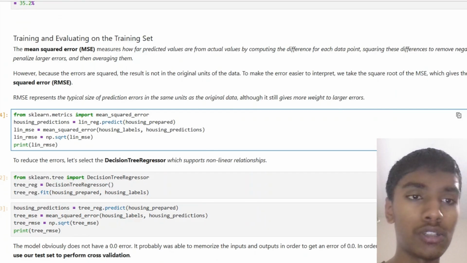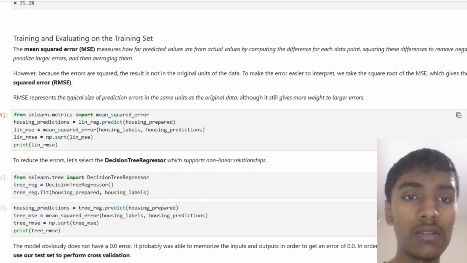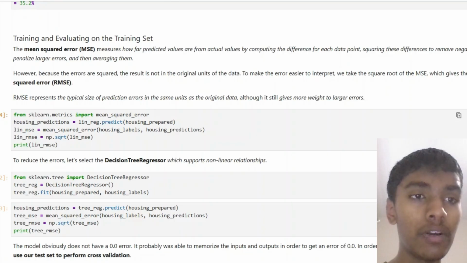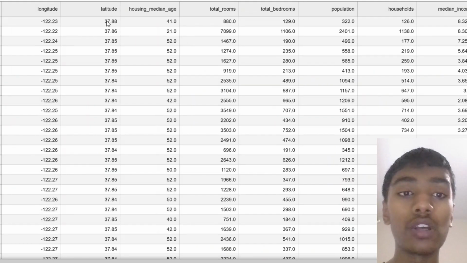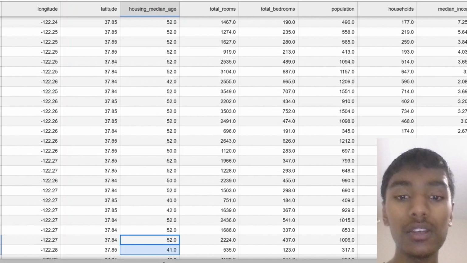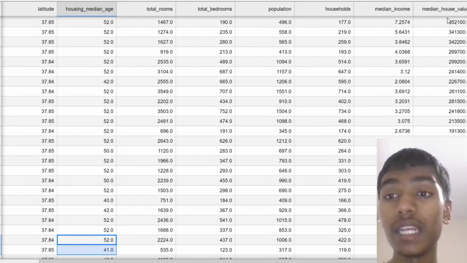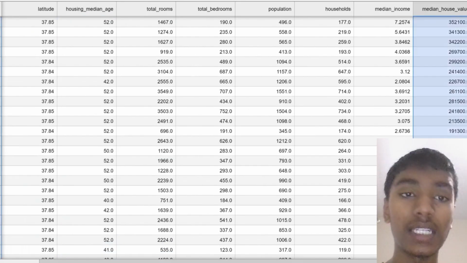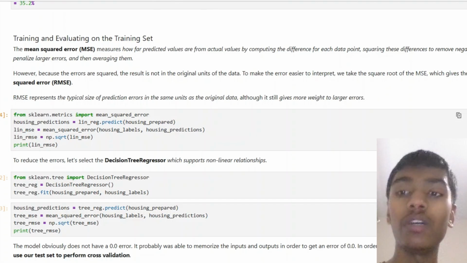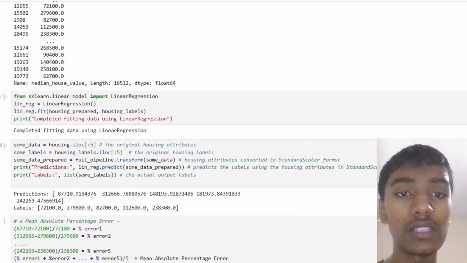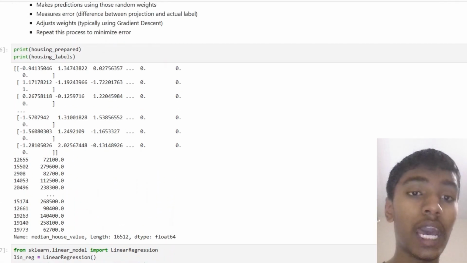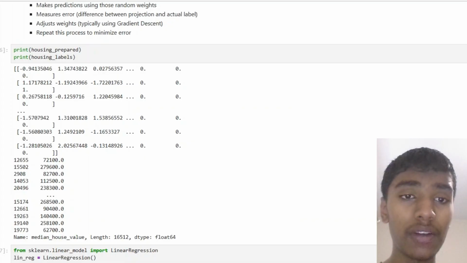So let me go ahead and show you again. The data housing_prepared, if you remember, those are all the input values. So they're basically all of these individual values besides the median house value, since that's the value that we're projecting. And we saw that we prepared that data a couple of lessons ago. As you can see here, we have the housing prepared data.